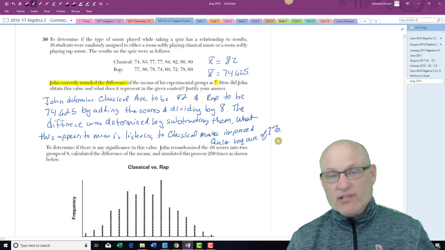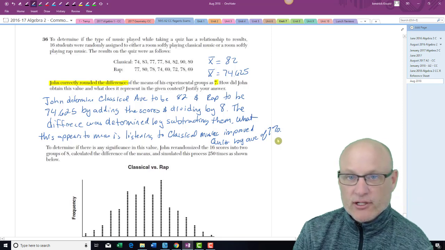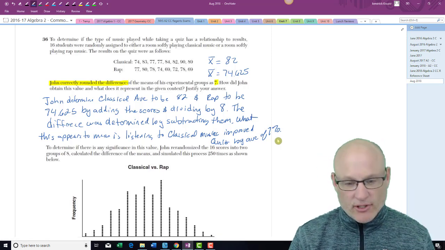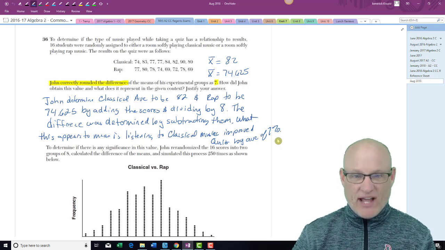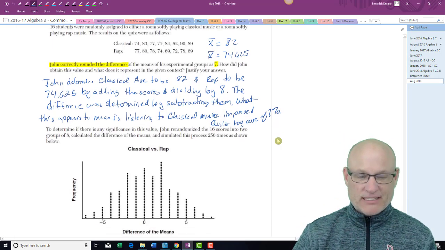Something to that effect. Basically, if you listen to classical music, besides falling asleep, sorry if you like classical music, then it'll improve your quiz scores by 7%. I don't know exactly what they were looking for there, but that's about right. That's about all you need to say there.